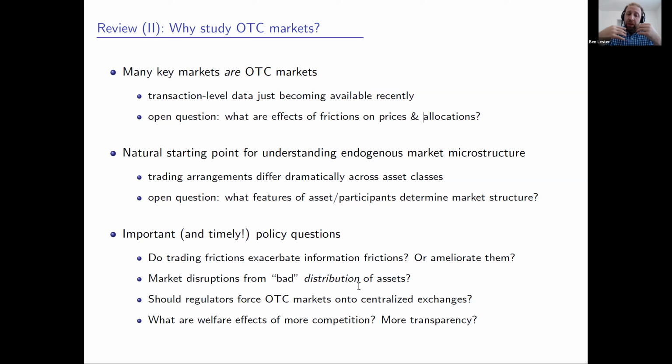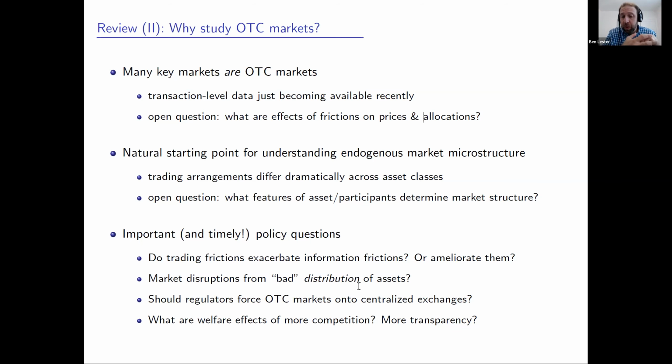And then more broadly, I think a lot of these questions came up after the 2008 financial crisis, because in that crisis, and quite honestly in the March 2020 crisis in certain financial markets, a lot of them originated in over-the-counter markets. So in 2008, many of you know that the crisis originated in the mortgage-backed security market.